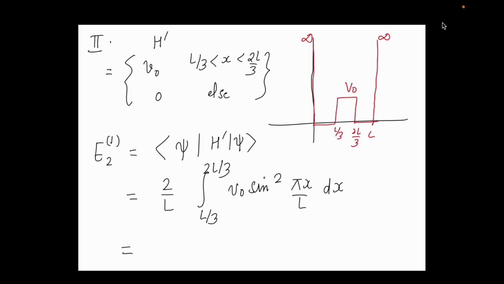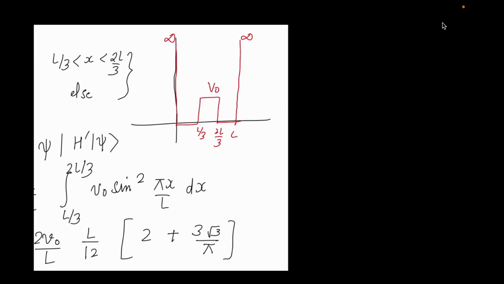Again it's the same integration, which you can do very simply. If you solve the integration like I did for the first part and calculate this, it would be around 0.6 V naught. So E2 correction is 0.6 V naught.